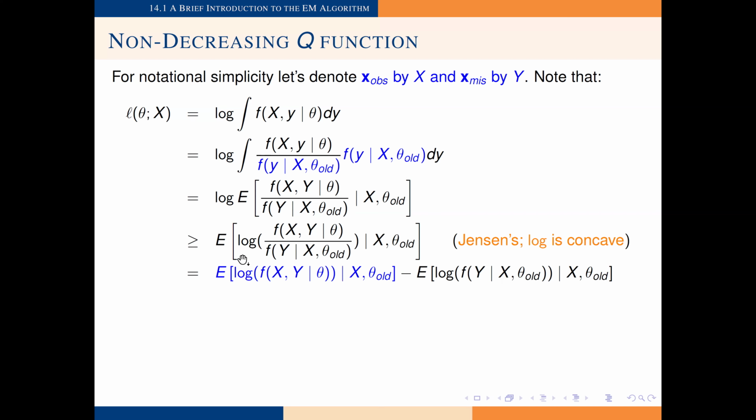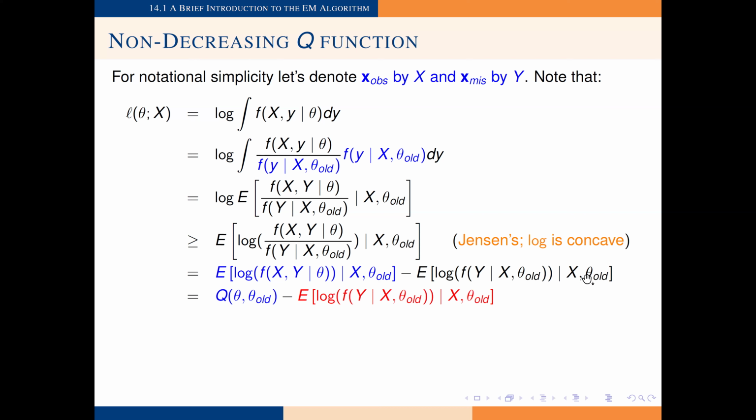Okay, so let's take a look at this blue part. It turns out this blue part is essentially the Q function that we get from the E step. So by definition, this is the same as Q of theta and theta old, where theta old is fixed because we know our theta estimates from the last iteration, and theta is the thing that varies and changes the value of Q, right?